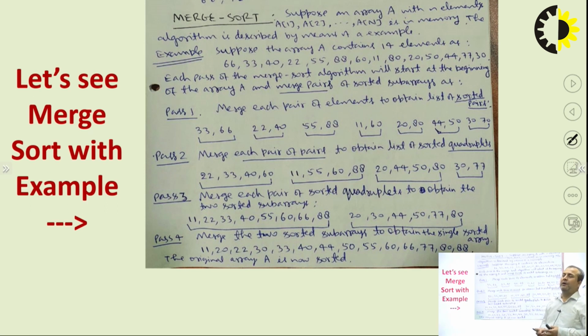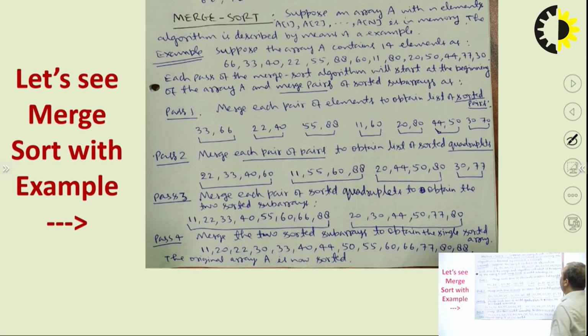Suppose a list is given with 14 elements: 1, 2, 3, 4, 5, 6, 7, 8, 9, 10, 11, 12, 13 and 14 elements. Now we want to rearrange all these elements into increasing order using the merge sort operation. How do we use the merging operation?